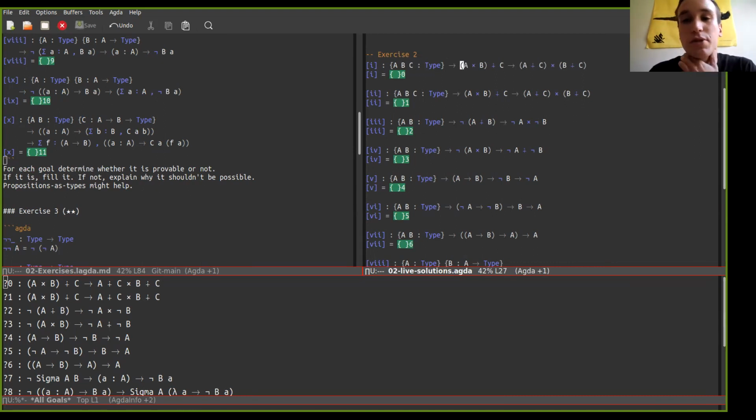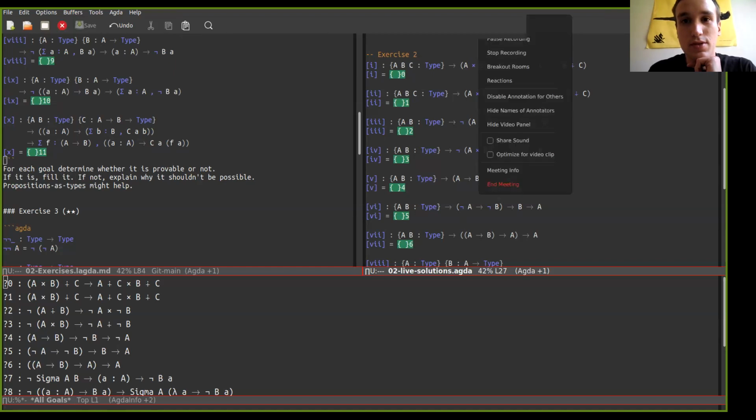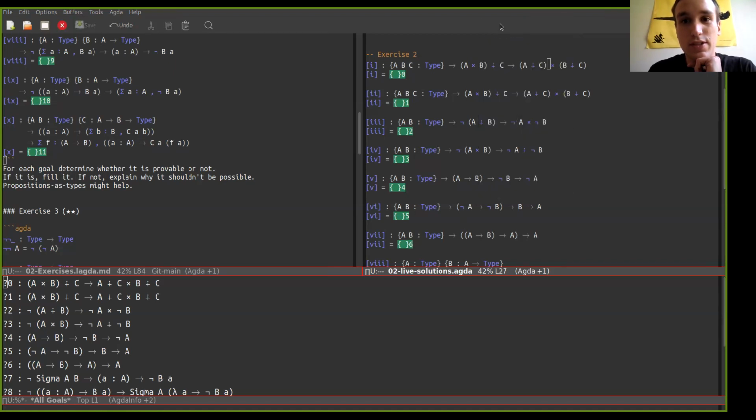Maybe some of you are not familiar with that, but if you are, then this can be a helpful intuition for whether this goal is fillable. So who thinks that one is provable? Okay. Look at the chat. Yeah, there's some yeses.